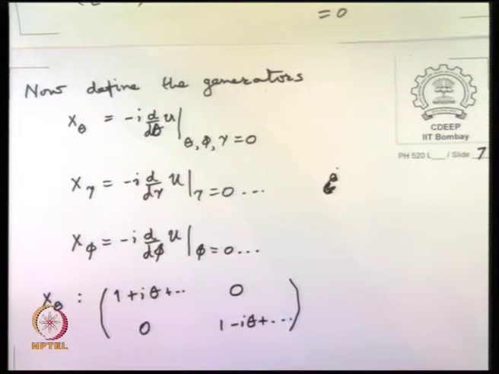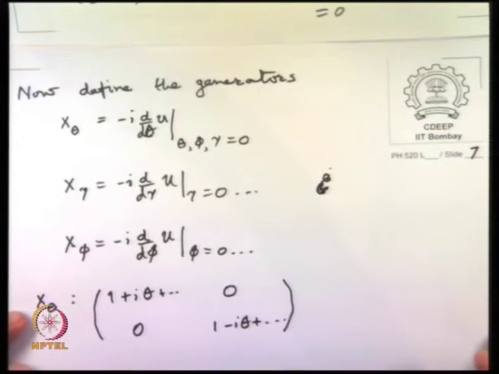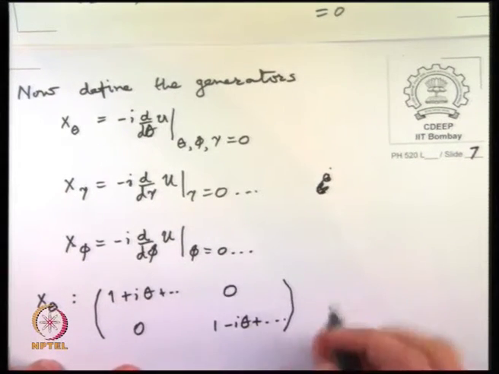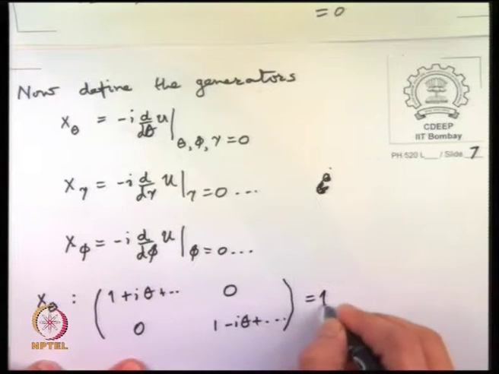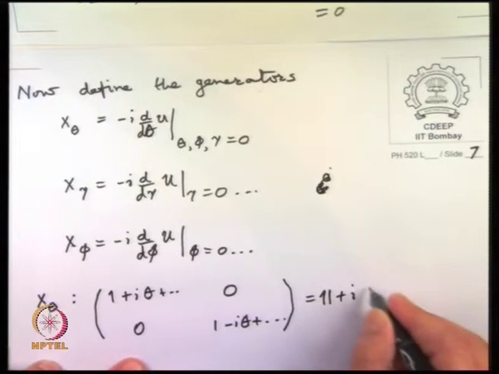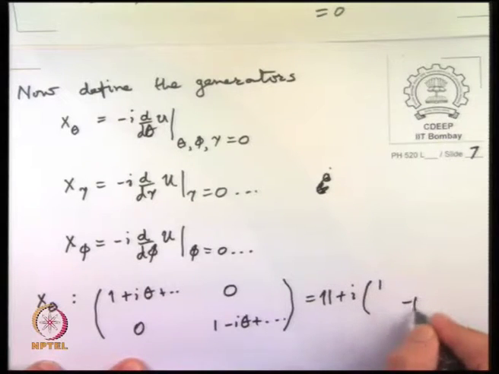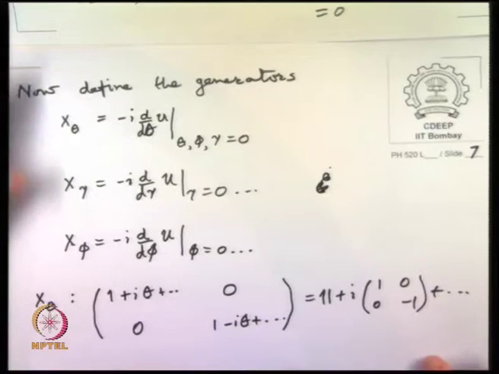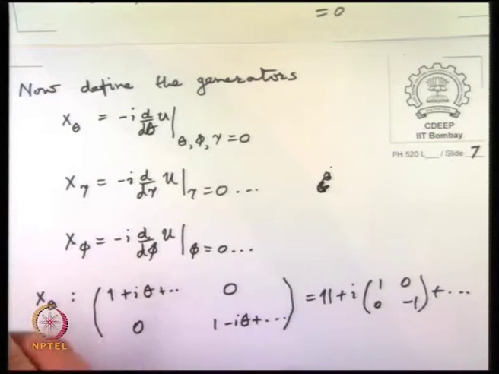So this expansion, after removing i, is equal to 1 plus i times 1 minus 1. This is called sigma z or sigma 3 matrix.